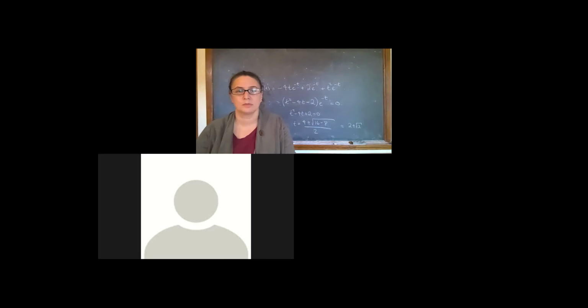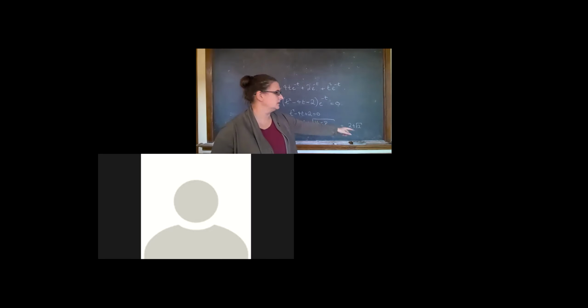Because this is square root of 8, so it's 2 root 2. So I end up with 2 plus or minus the square root of 2. That's what, yeah. So that is right. So those are your 2 points. And then if you think about both of them are greater than 0, right?